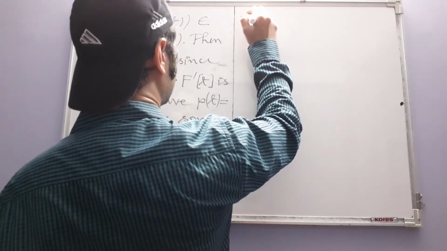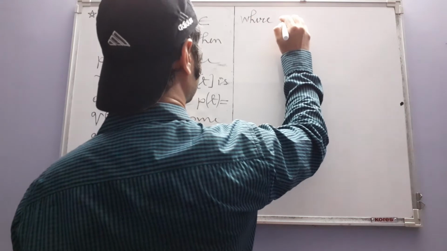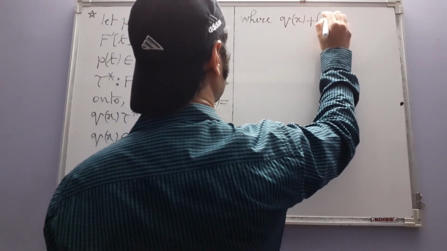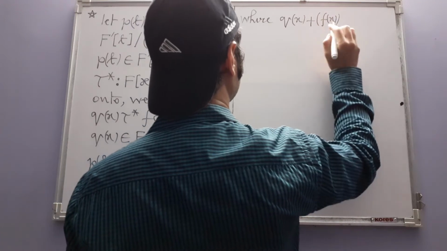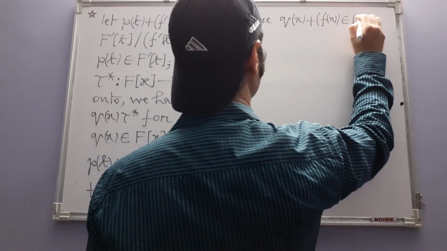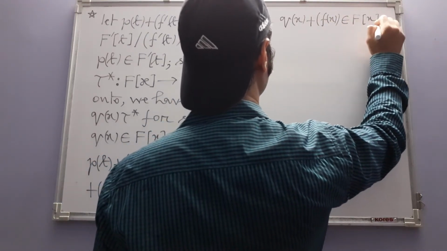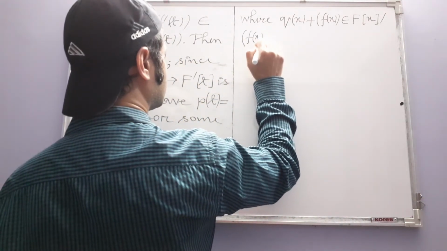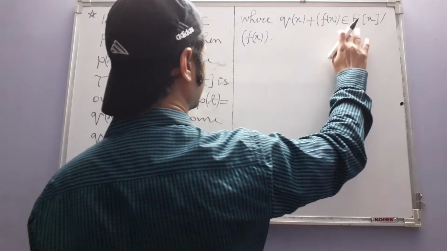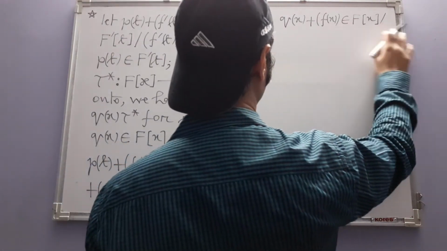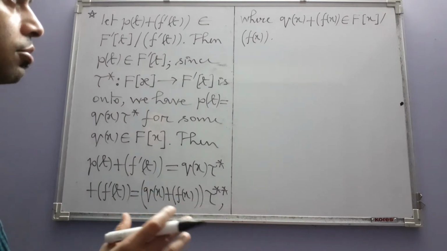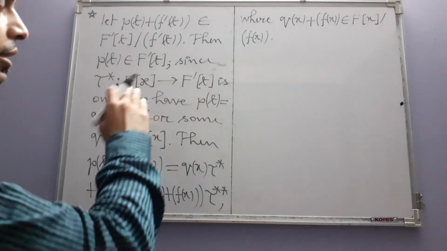Where this belongs to fx. It's better not to write the notation for a quotient ring like this, one part here, another part here.